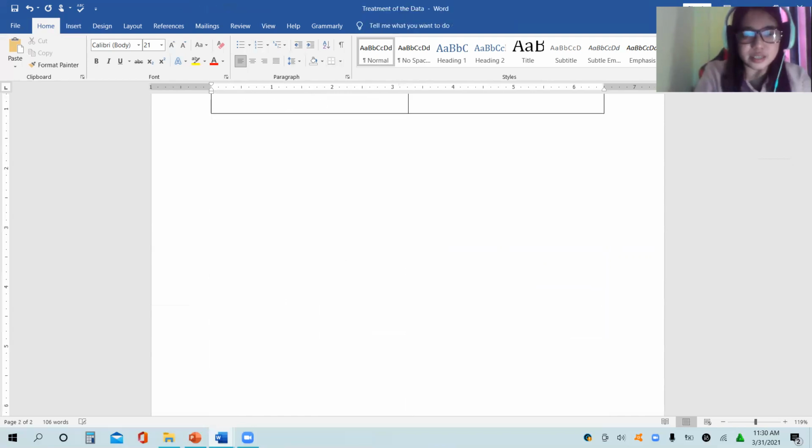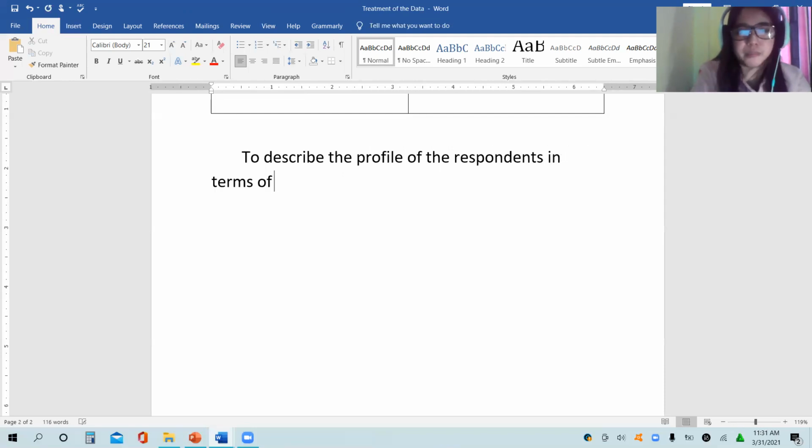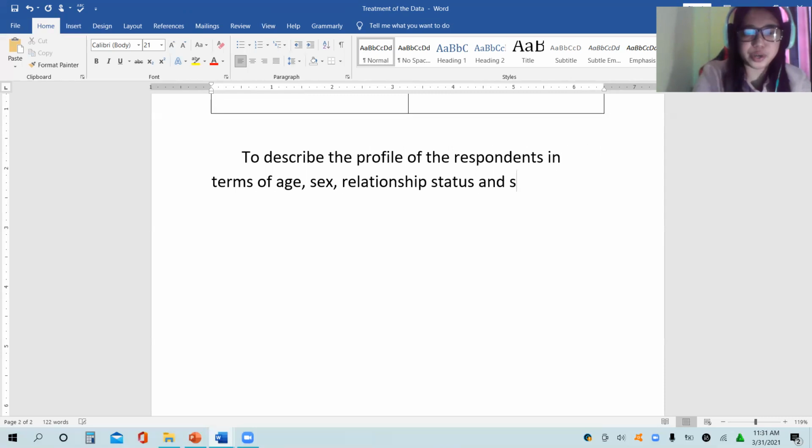So this is to describe the profile of the respondents in terms of age, sex, relationship status, and socioeconomic status.